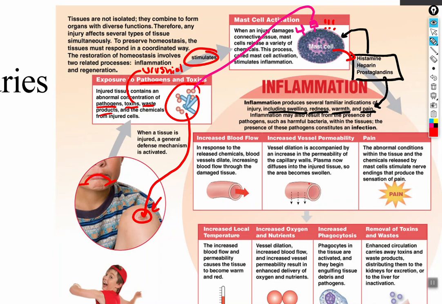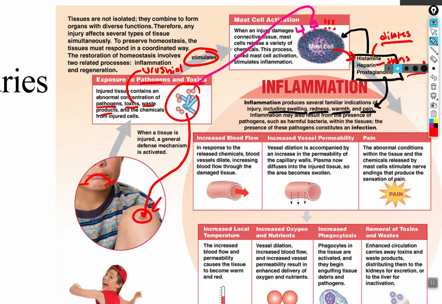So histamine dilates your blood vessels, your little capillaries and whatnot, and heparin thins your blood. If you think of blood vessels as a road that cells travel on, if you make the road wider and less resistant to flowing, it makes it easier for immune cells to arrive at the place where the bad guys might be.